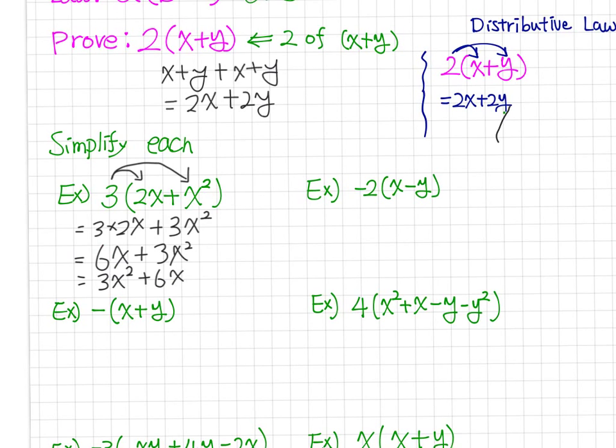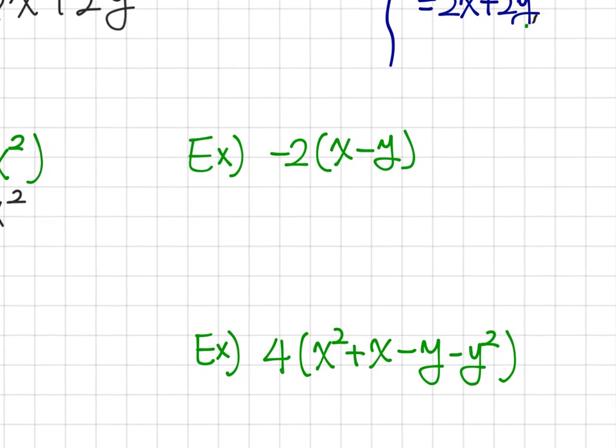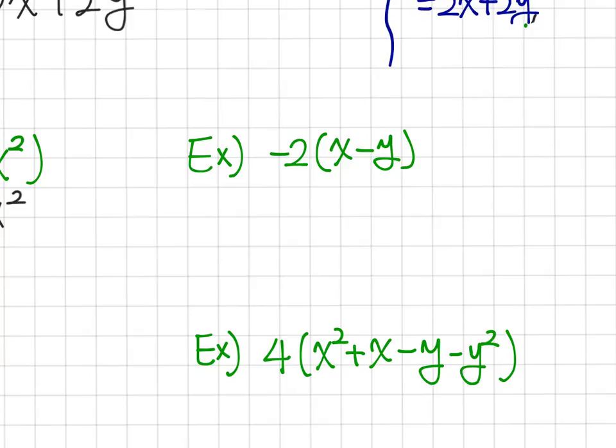Let's get to the next one. I'm just going to zoom in a little. Now I have negative 2 in front of the brackets, so that's multiplied to the x inside, and that's multiplied to the y inside. Let's go step by step. I multiply the negative 2 to the x inside, so this becomes negative 2 times x, which is just negative 2x.